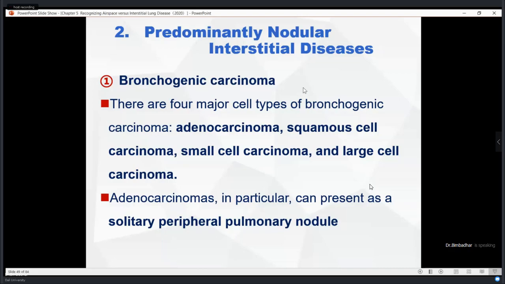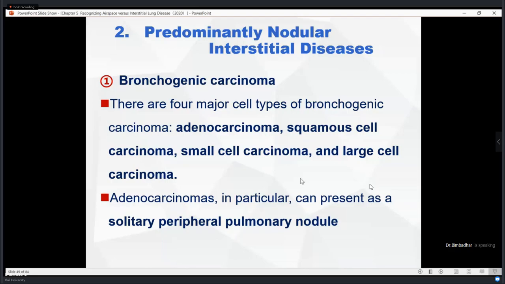Bronchogenic carcinoma has 4 types: adenocarcinoma, squamous cell carcinoma, small cell carcinoma, and large cell carcinoma. Any carcinoma occurring along the bronchi or having an etiological relation to the bronchus is included.